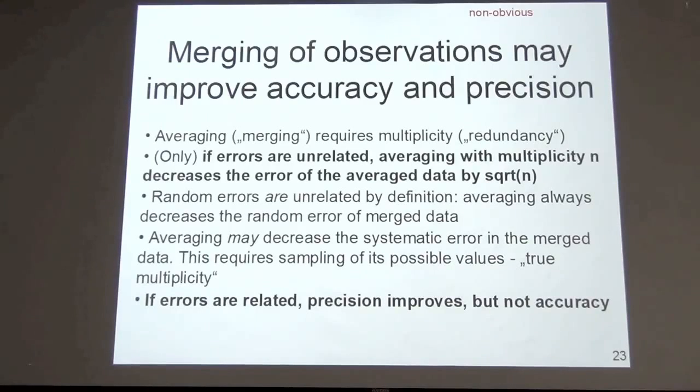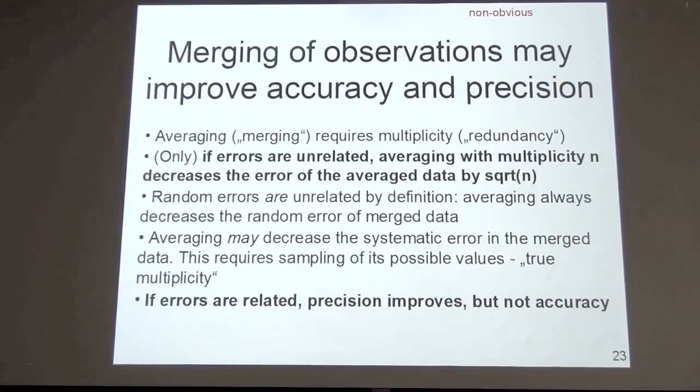Very nice situation. And this may also work for the systematic error in the merged data, but this is not guaranteed as it is for the random data, because we may always be sampling the same direction of the systematic error. This would be a bad case, but it really occurs in practice quite a bit.